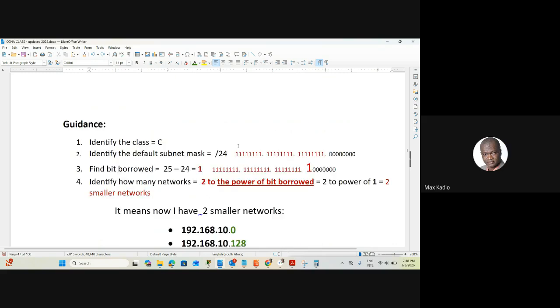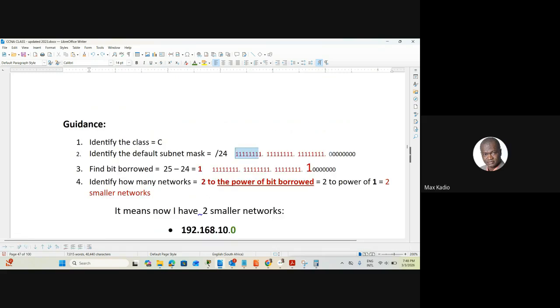Okay, so first thing, it cannot be less than 24. It can be bigger, but not less, because by default, I have 24 bits. It cannot be less. It can be more. It depends on how many more you borrowed. So for today, we do an example where I borrow only 1 bit, /25.